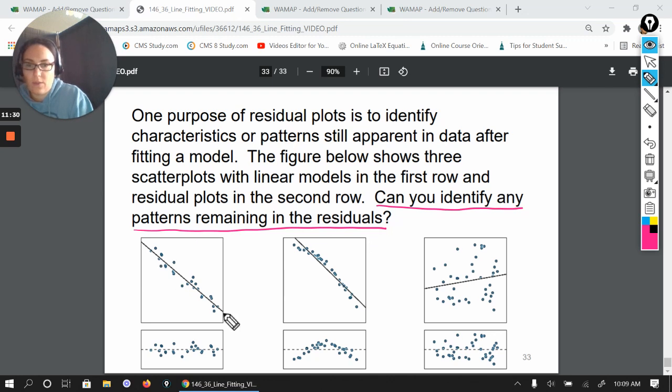So I'm looking at the first one and its residual plot. Concerning the residual plot, everything seems to stay within a band. So I could draw a bandwidth around all of the data points, and they all seem to stay within that bandwidth.